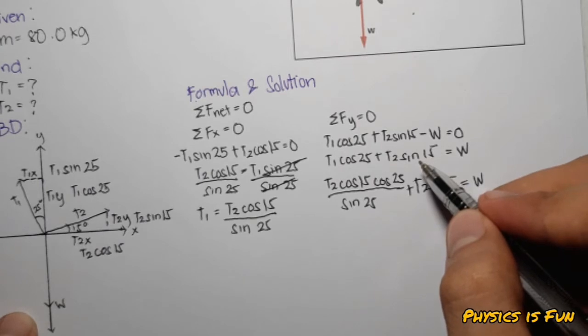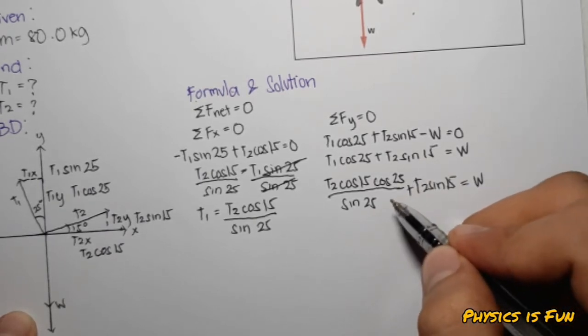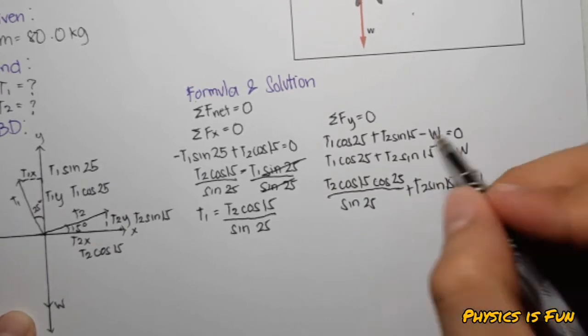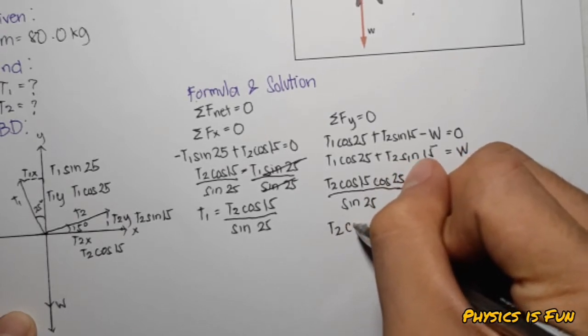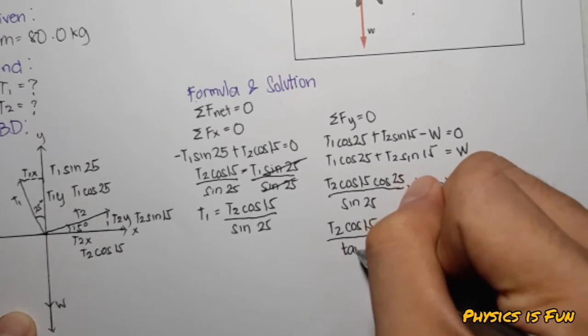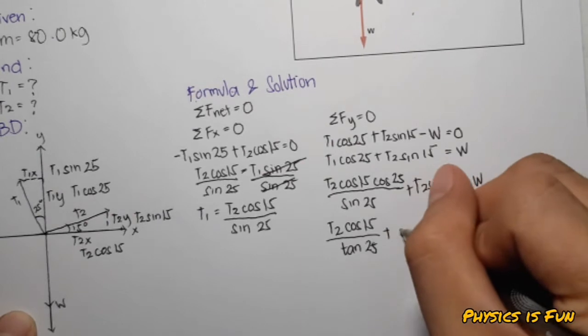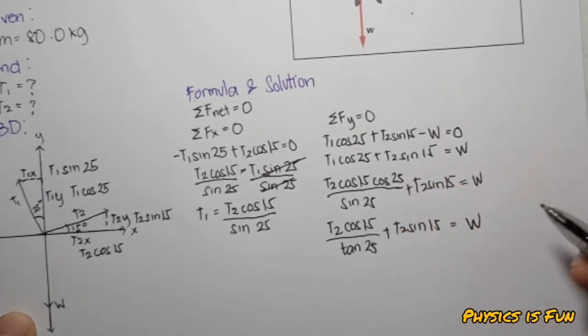Again, we can just simplify trigonometric identities that has the same angle. Otherwise, we cannot. So this will be T2 cosine 15 over tangent 25. Again, copy these quantities, plus T2 sine 15 equals weight.